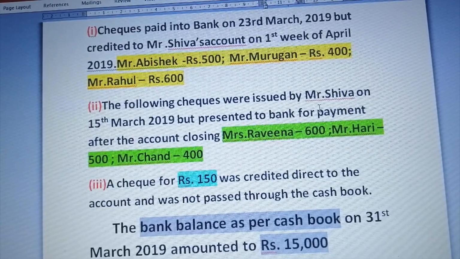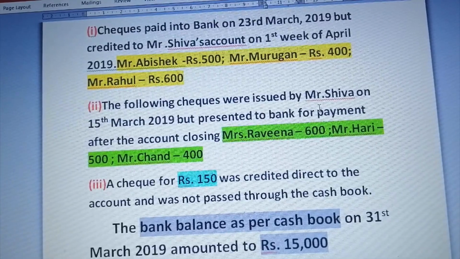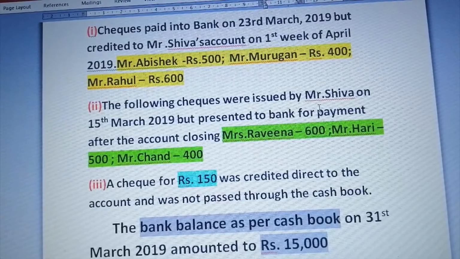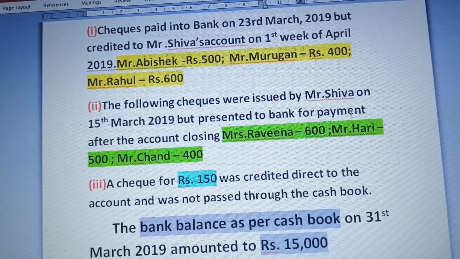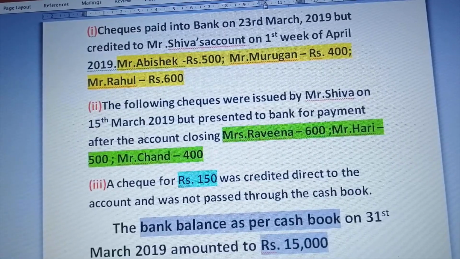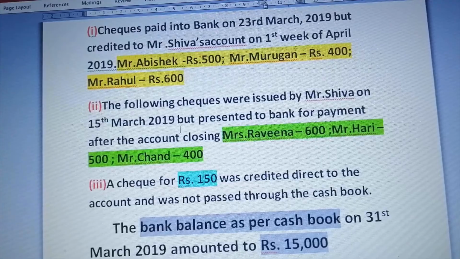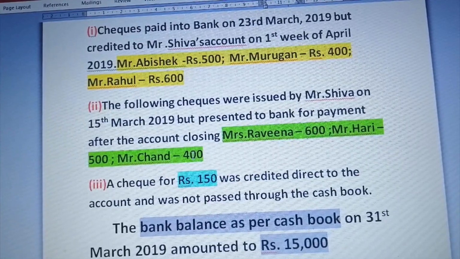But once the checks are presented into bank, only then that will reduce the balance in passbook, right? Here what is given? These checks were issued by the customer, that is Mr. Shiva, on 15th March 2019. But all these checks were presented to bank for payment after the account closing date.